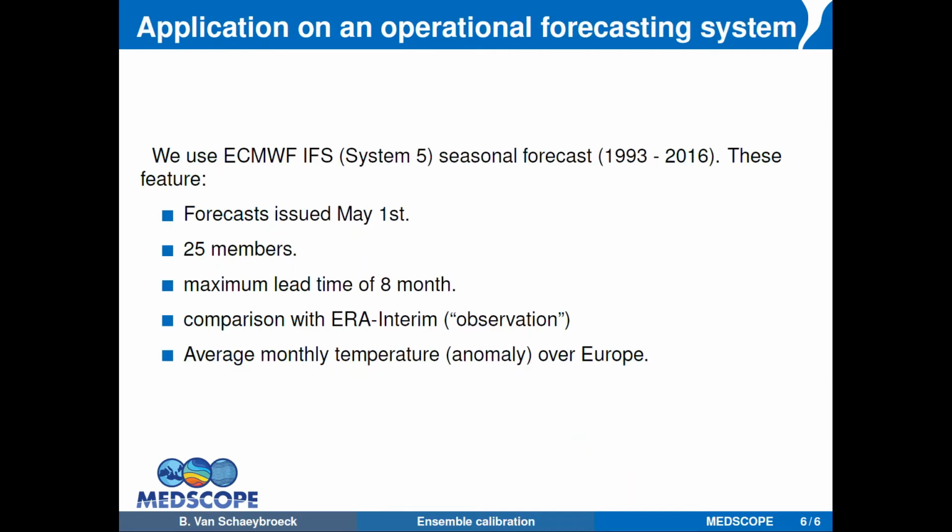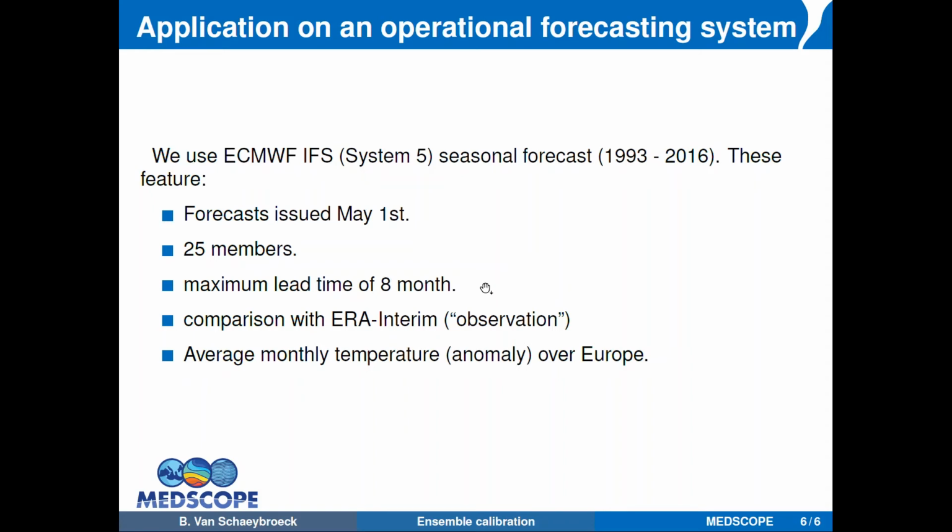I will present a small example using the ECMWF System 5 forecast, using all the forecasts from 93 to 2016, issued on May 1st. The ensemble forecast has 25 members and a maximum lead time of 8 months.